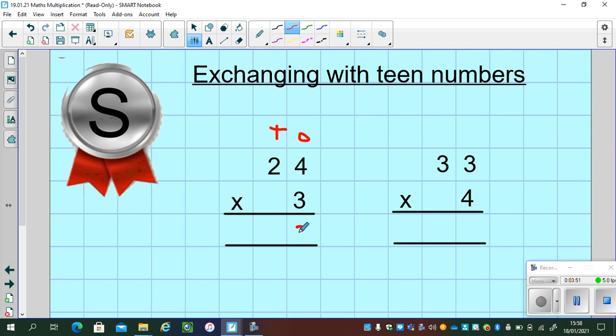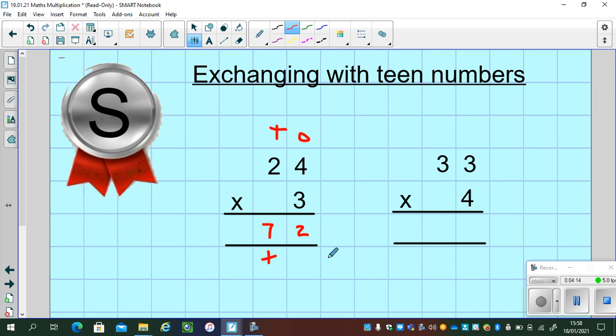Now 12 is made up of a 2 and 1 ten. So that 1 ten needs to go at the bottom in the tens column. Now let's multiply by the tens. 3 times by 2 is 6, but don't forget to add the 1 at the bottom, which makes 7. And because I've added it, I'm now going to cross it off. 24 times 3 is 72.